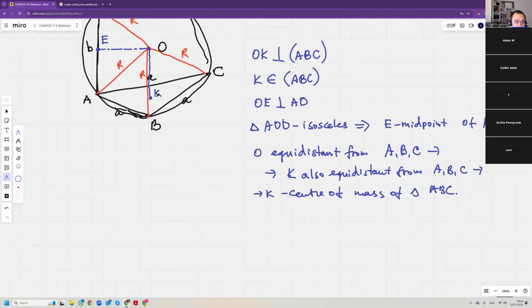And that means that KC is 2/3 of KM, and KM is quite easy to find.